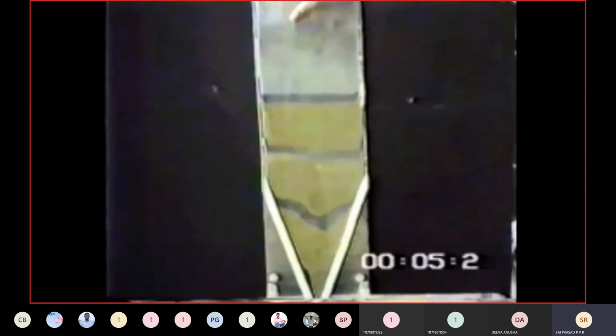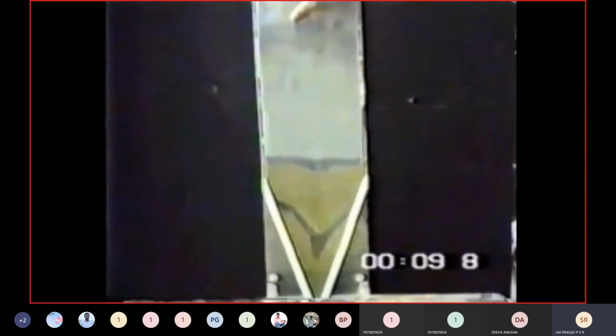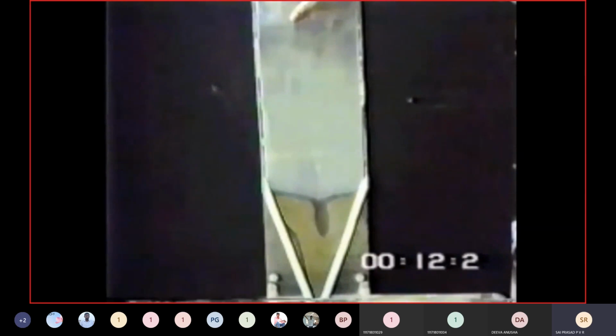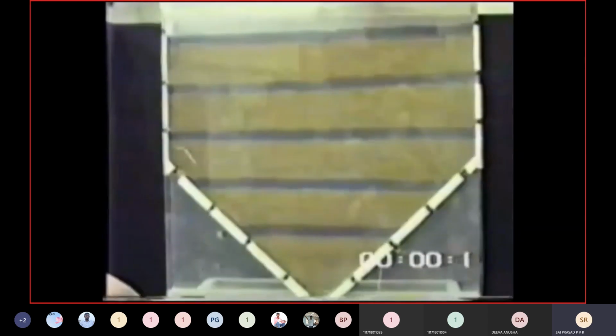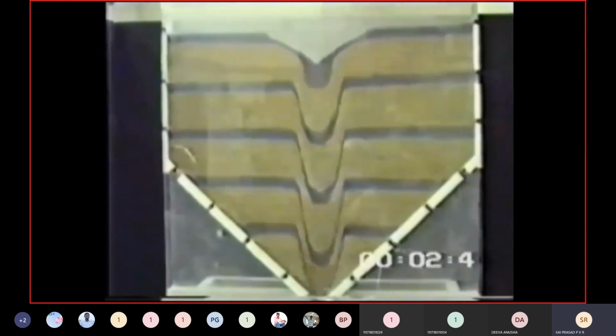This is the example of a mass flow where the surface of the solids is uniformly coming down. Now this is the example of a tunnel flow.